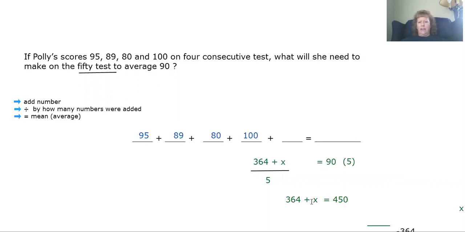So now instead of adding 364, if we subtract 364, we'll leave x by itself to equal 68. So 68 is her missing test number.